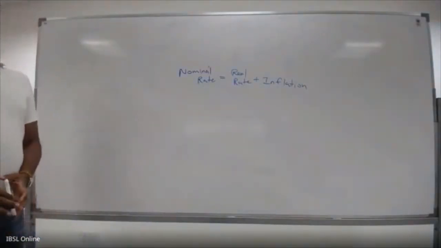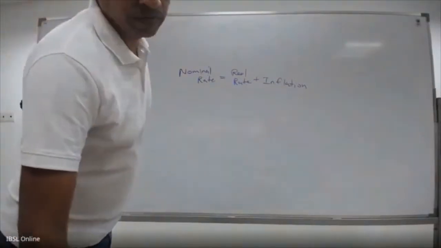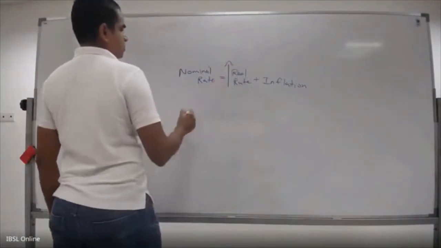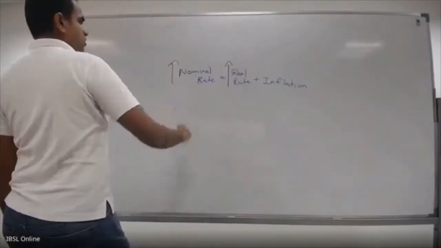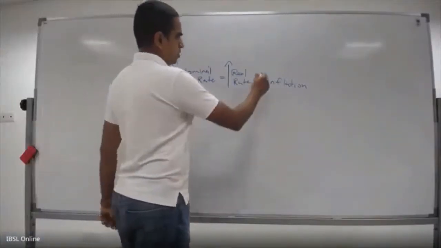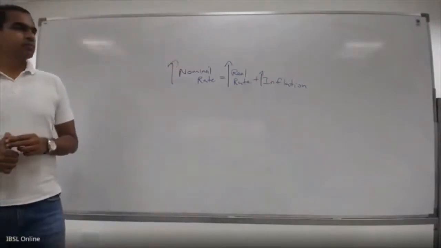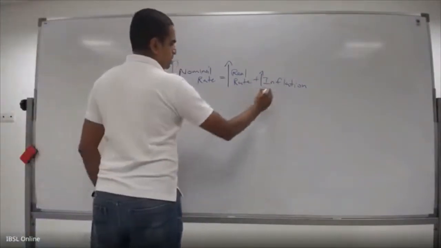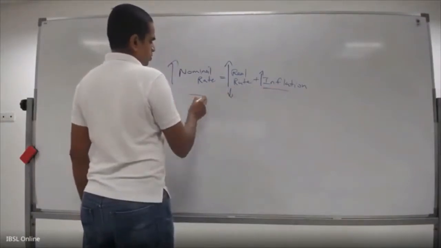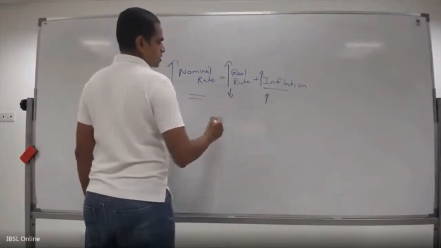This is an equation which all of you are familiar with. So whenever real rates go up, nominal rate also usually goes up. When inflation also goes up, usually nominal rates can go up. But usually when inflation goes up, what happens is the real rate or the real return will drop because nominal rates are usually fixed. Inflation going up will result in the real rate dropping.